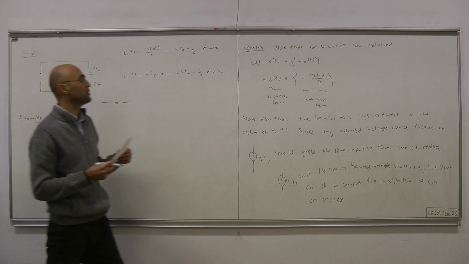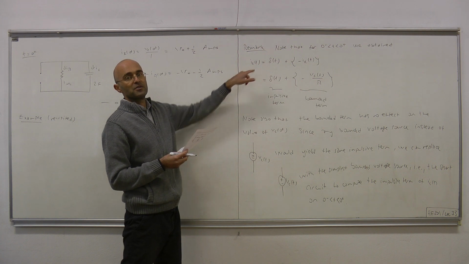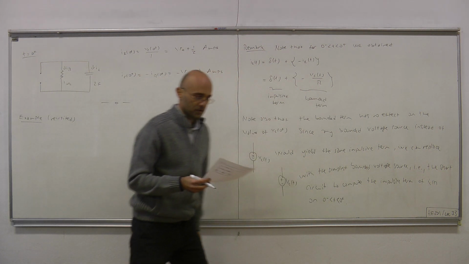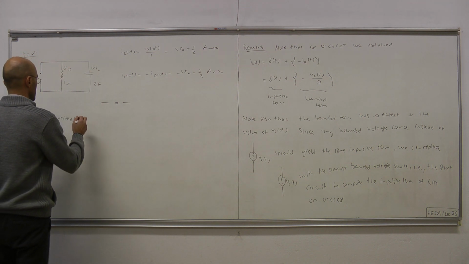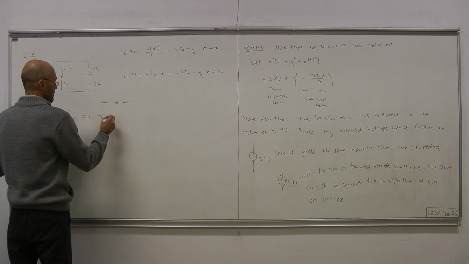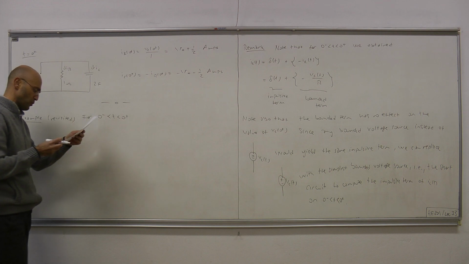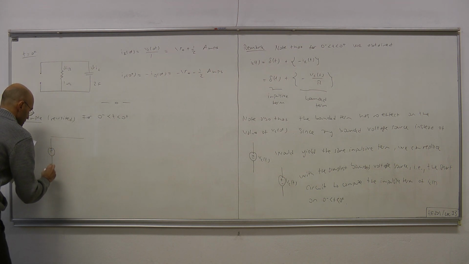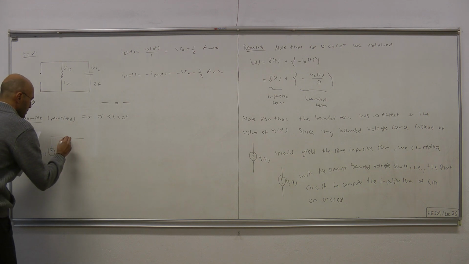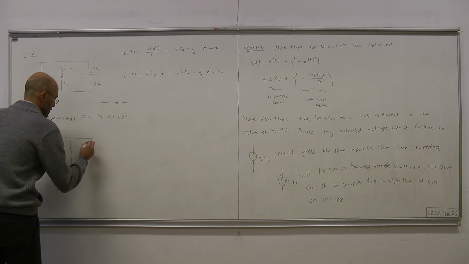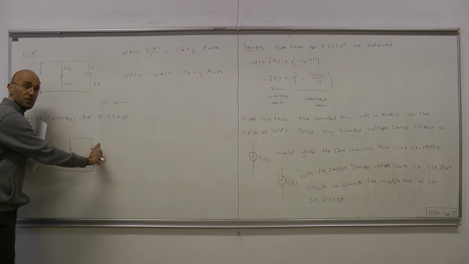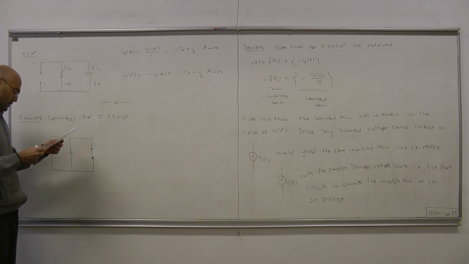And what we're trying to do is figure out the capacitor current for the interval from 0 minus to 0 plus. For that interval, we consider this circuit, where the capacitor is now replaced by a short circuit.